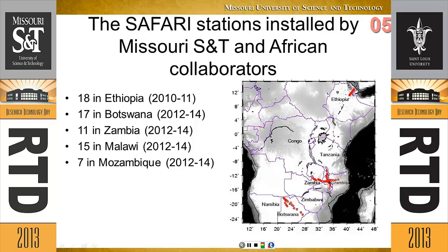As part of this project, we put a lot of stations. This one, 50 here. Several years ago, we put 18 there. That's a network to study the rift system. Remember, there is a rift valley all the way from here to Kenya, to Tanzania, and all the way to Mozambique. That's a very large system.